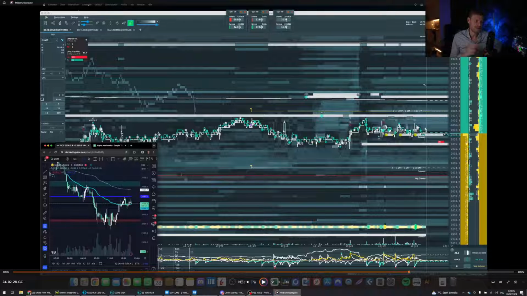And what I can tell you is, the longer it takes to run in your desired direction, the less are your chances it's actually doing so. If you're entering a trade and it's just running sideways and sideways, ranging and ranging and ranging, the longer it does so, the less are your chances that your original idea actually plays out.